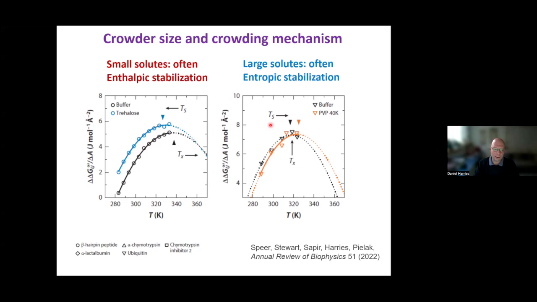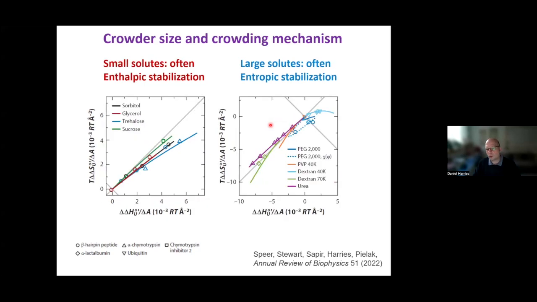And so this is one thing that tells us that probably in many cases, the limit of the larger solutes does often fit better to the original picture of Asakura and Osawa. While smaller solutes tend to have this added enthalpic effect, which often goes opposite of what one would expect from the Asakura and Osawa model.